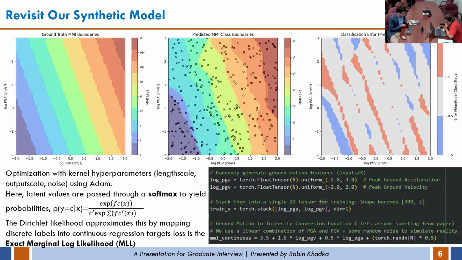Can you answer that question, Rabin? It is randomly generated from the range between -2 to 3. Just a random value. And about 300 data points were taken, and they were plotted to fit this particular linear function that we have used.